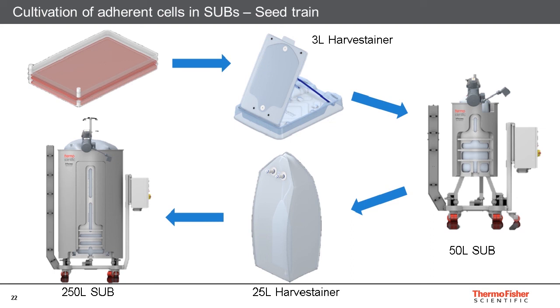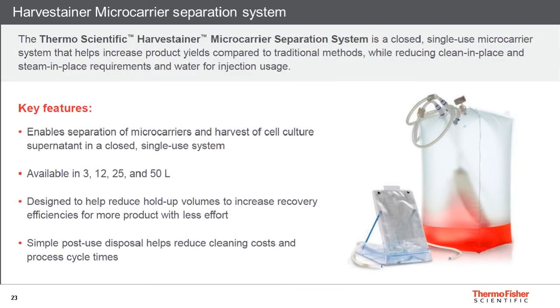And this is where the Harvestainer comes into place. The Harvestainer is a system that we've developed to really make sure that the cells and the microcarriers were optimally separated, and to have the highest possible recovery of cells at every step of the process. So in combination with the bioreactor, which allows the trypsinization step in the bioreactor itself, we were able to have the cells removed from the microcarrier.